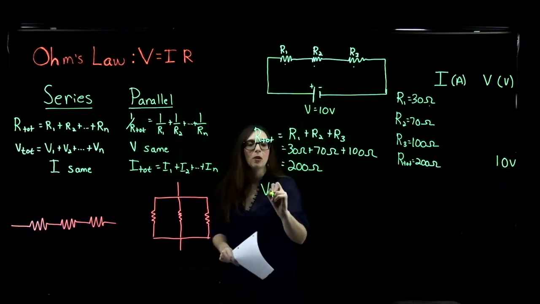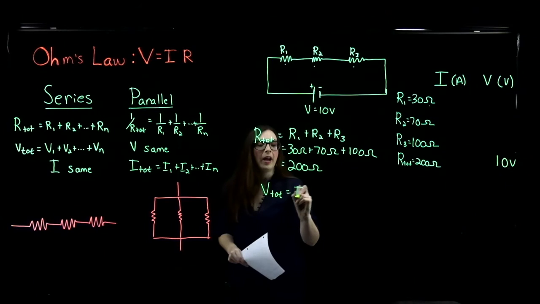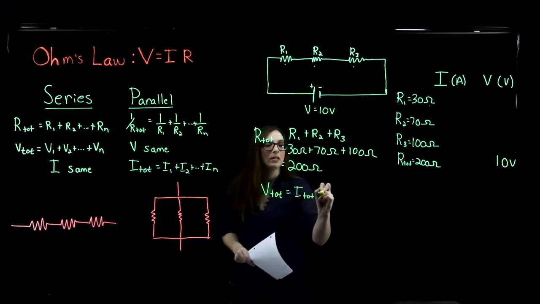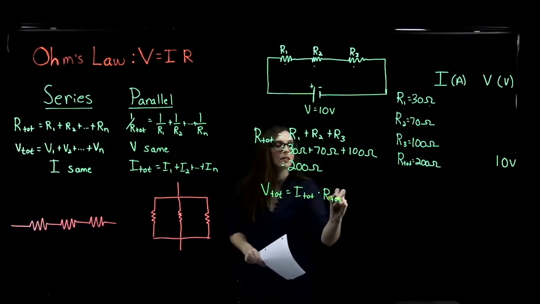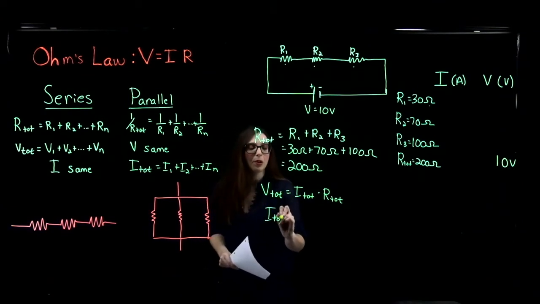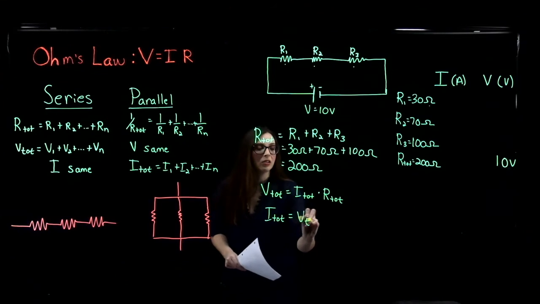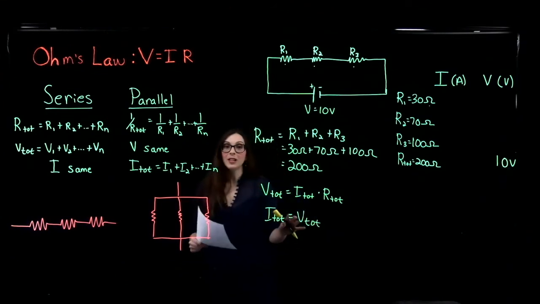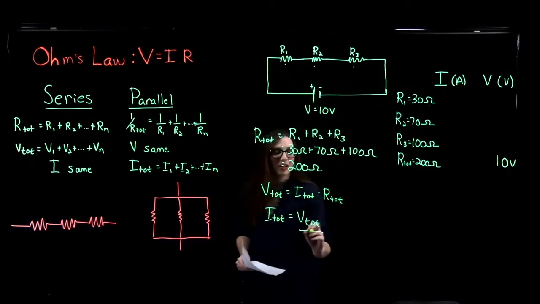So V total is equal to I total, our current, times the total resistance. If I solve this for I, the total current in my circuit is the total voltage of my battery to the circuit divided by my total resistance.